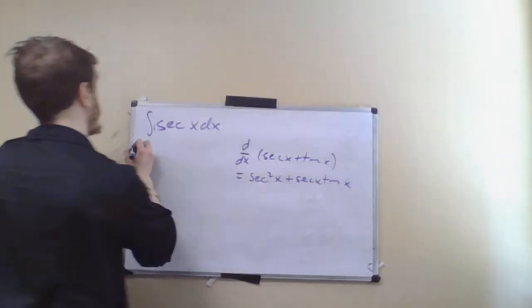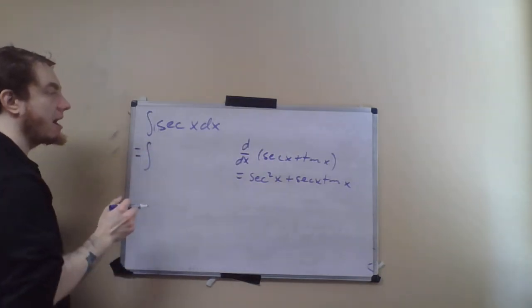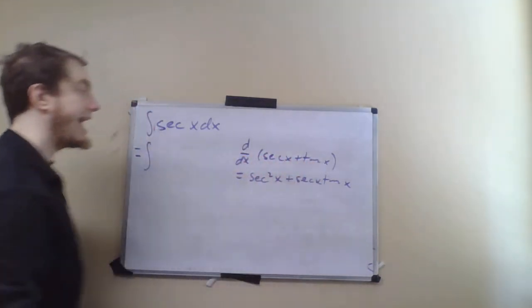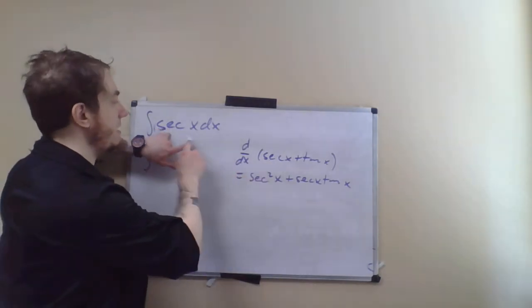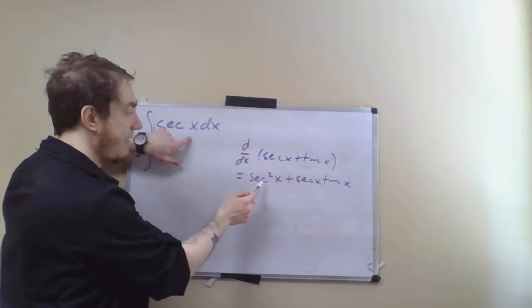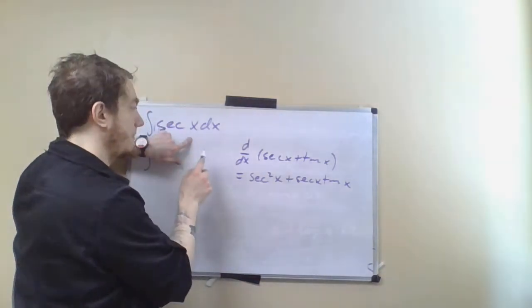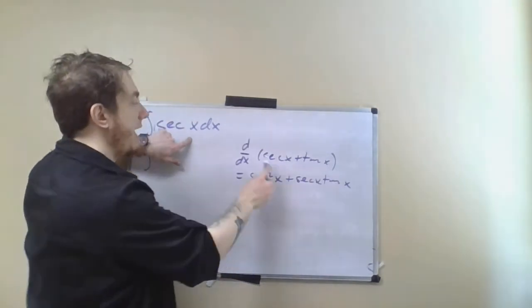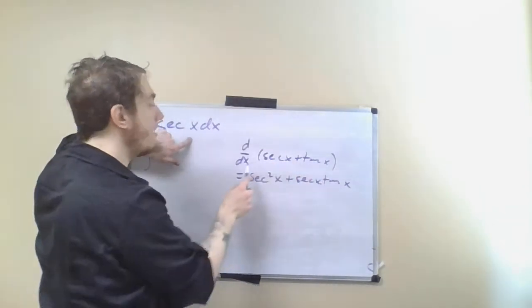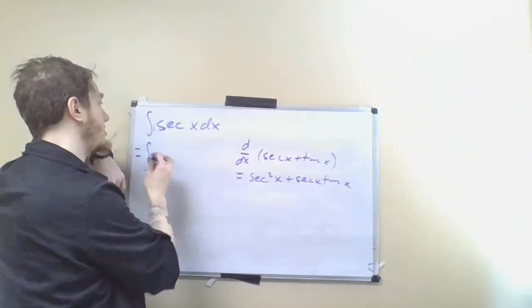I'm going to take this original integral and I'm going to multiply on the top and the bottom by secant x plus tangent x. Now, why would I do that? Well, the reason is because if I multiply the top by secant x plus tangent x, I actually get this expression. I get secant squared plus secant tangent. And if I also multiply the bottom, well then I'm going to be able to use this as a u substitution.